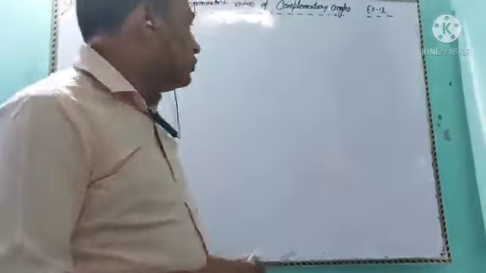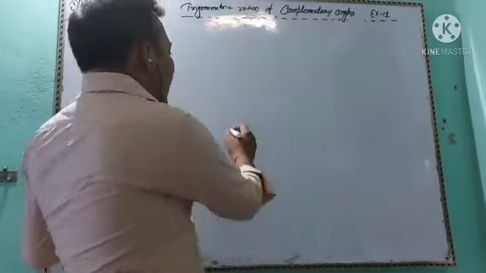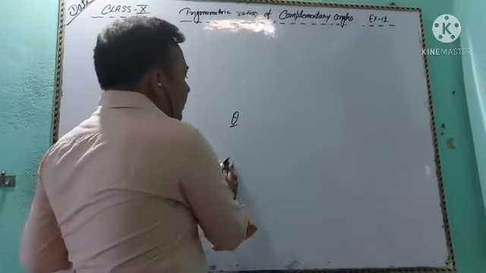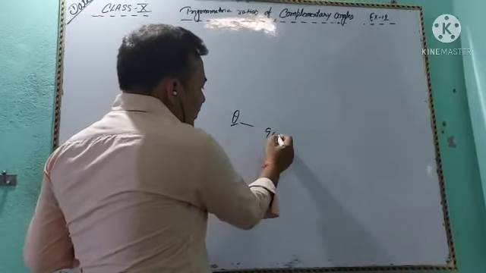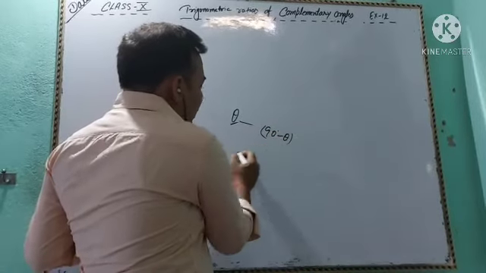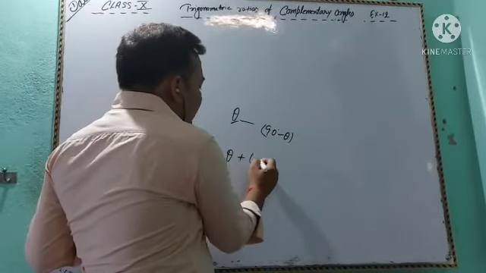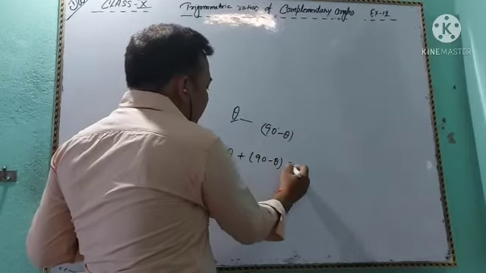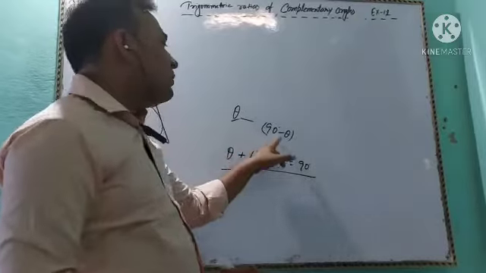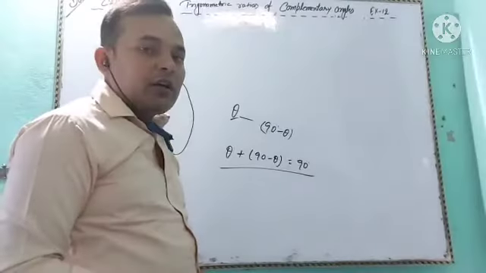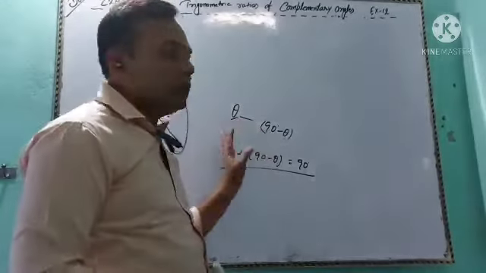Okay, so students, if one angle is theta, then the complement of this angle is 90 degrees minus theta. It means theta plus 90 degrees minus theta is equal to 90 degrees. So theta and 90 degrees minus theta are complements to each other.